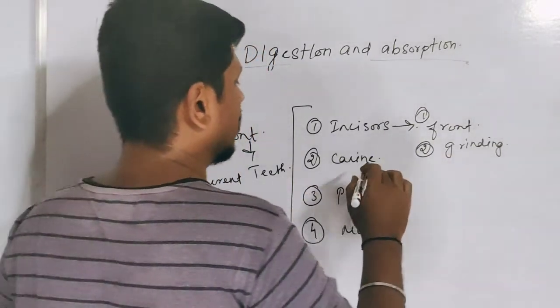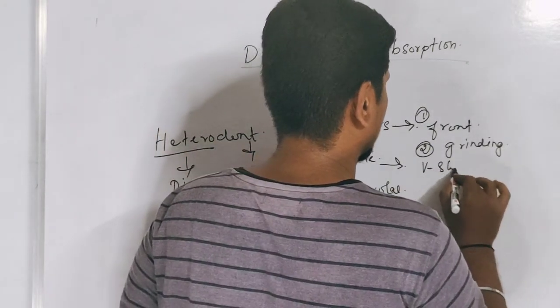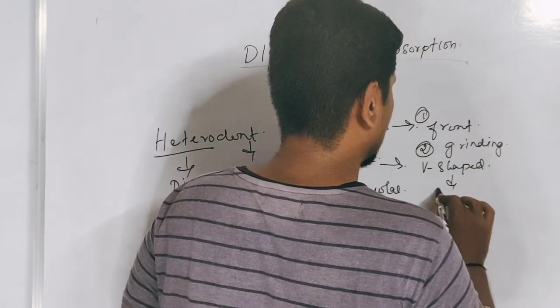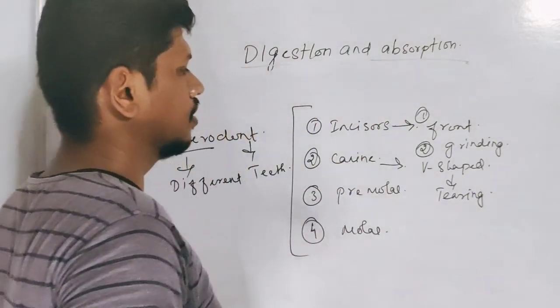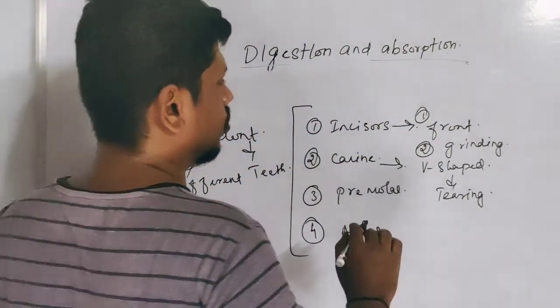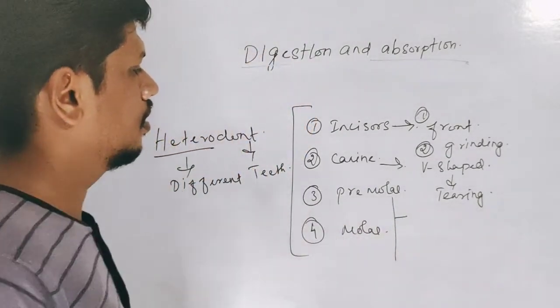And one more thing, canine, right? It is a V-shaped one, responsible for tearing. Clear? Responsible for tearing. And one more thing, premolar.